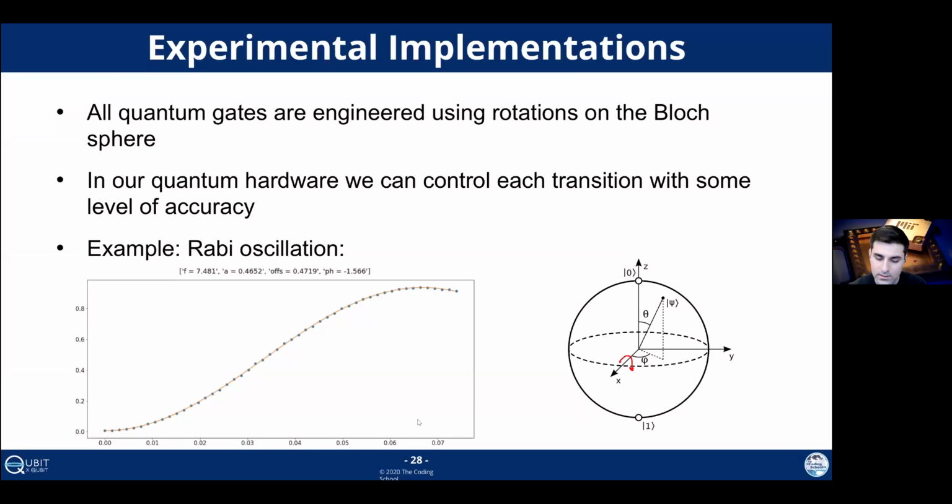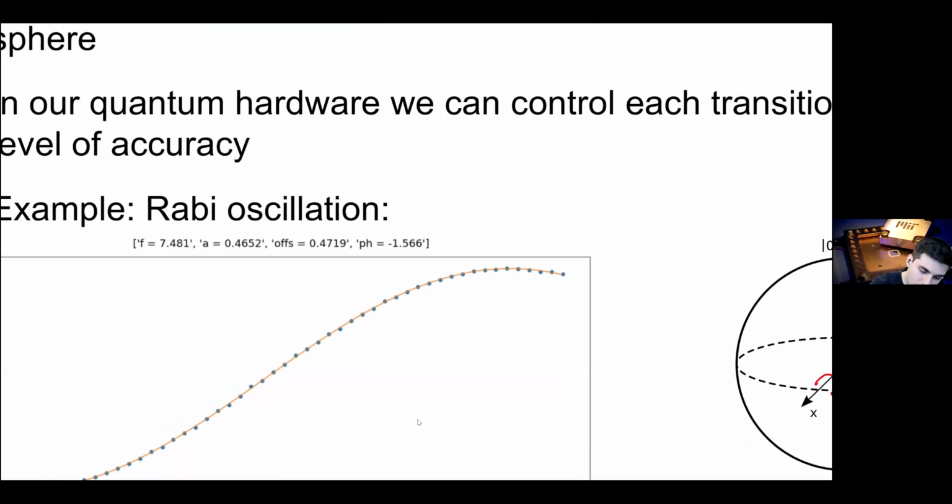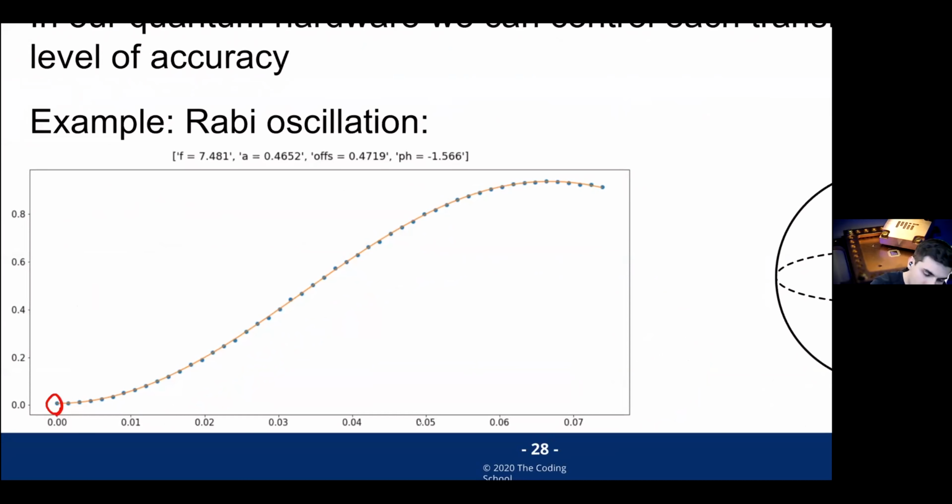And what happens is that I go from 0 all the way to 1, and at different points throughout this transition, I actually measure the quantum state of the system, or measure the state of the qubit along the z-axis. So before I do anything to the qubit, I expect to be close to, let me zoom in here, close to 0. And that's what happens. So the average state of my qubit is in the 0 state.